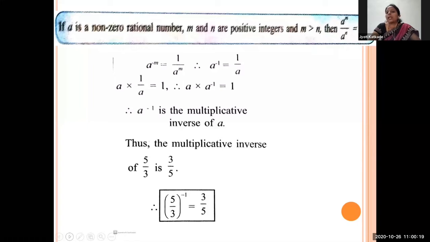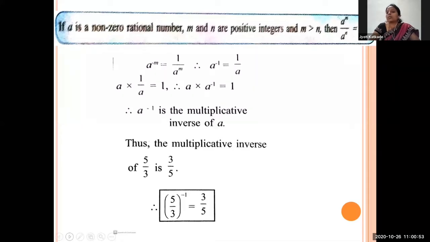Means when we take any number and multiply it by its multiplicative inverse, the product of both is 1. For example, 3 into 3 raised to minus 1 is also 1. Thus, the multiplicative inverse of 5 upon 3: suppose there is the fraction 5 upon 3 raised to minus 1.